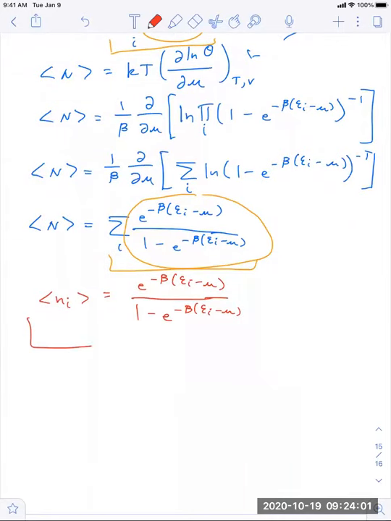And then this is called the Bose-Einstein equation, and it applies to bosons.